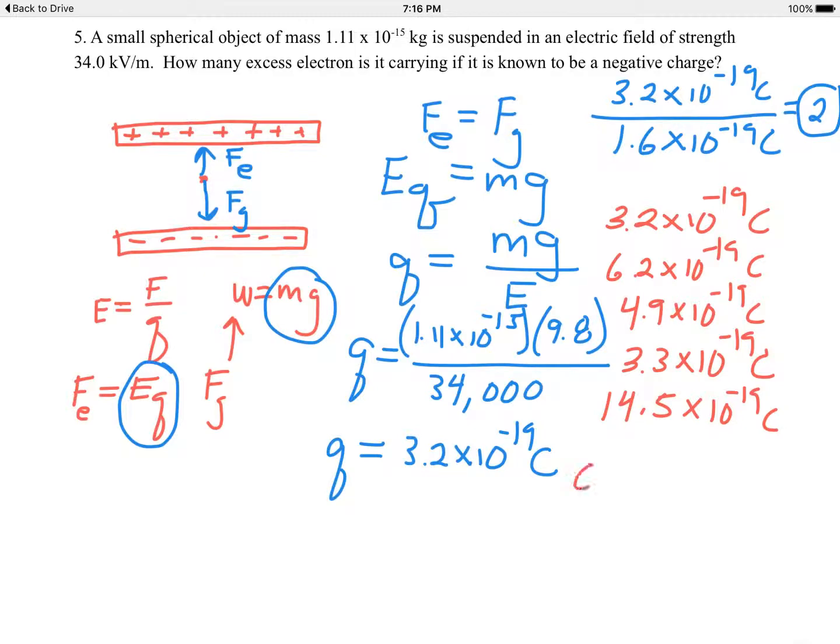That's what he noticed. The common factor of all these numbers, basically in red, is essentially 1.6 times 10 to the negative 19th coulombs. This was his conclusion: the fundamental charge is 1.6 times 10 to the negative 19th coulombs. That's the charge on the electron.